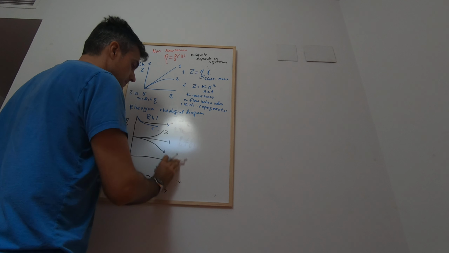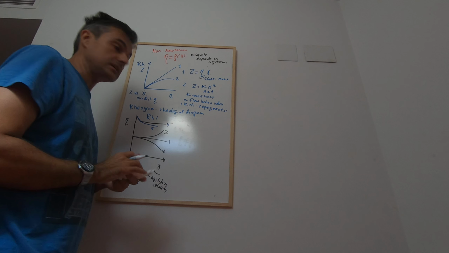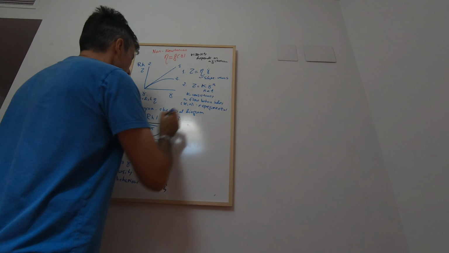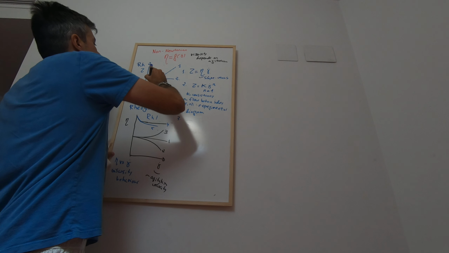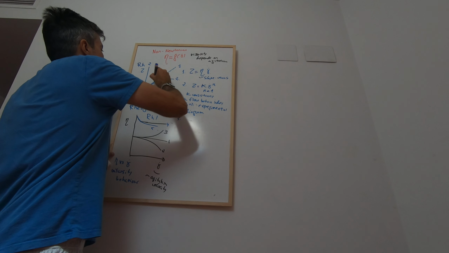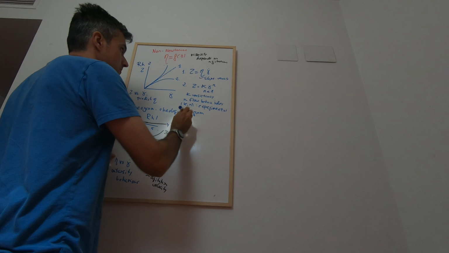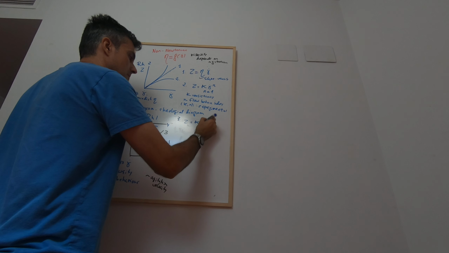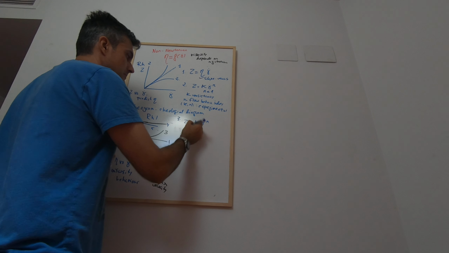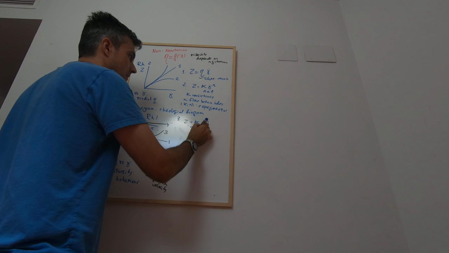The third type is called shear thickening. Remember, in shear thickening, viscosity increases with shear stress. This rheogram has a shape similar to the previous one, with the same names, but n is now higher than 1.